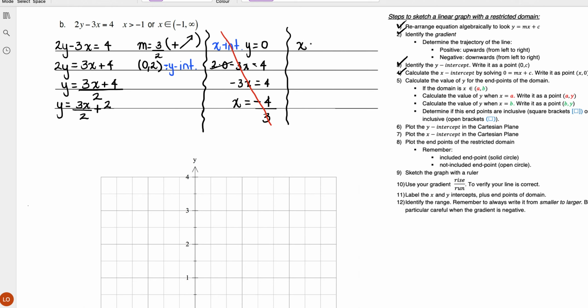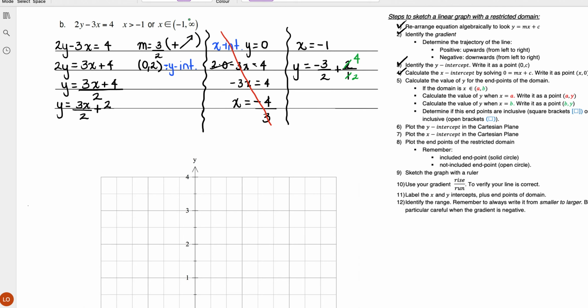I have to find y when x is equal to negative 1. In this case, I'm going to use this one because I already have solved for y. So y when x is equal to negative 1 is going to be negative 3 halves plus 2. That means that to have a common denominator, we know that 2 is the same as 2 over 1, which means I multiply by 2 here and by 2 here.